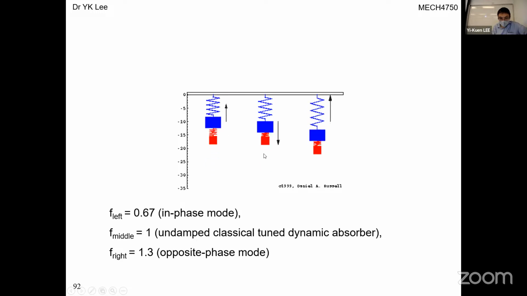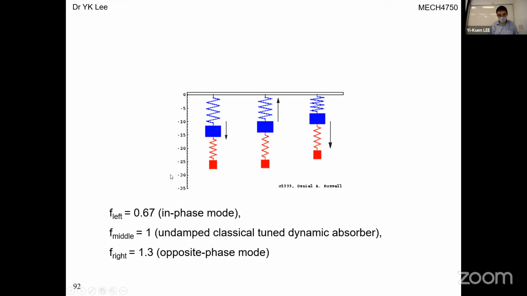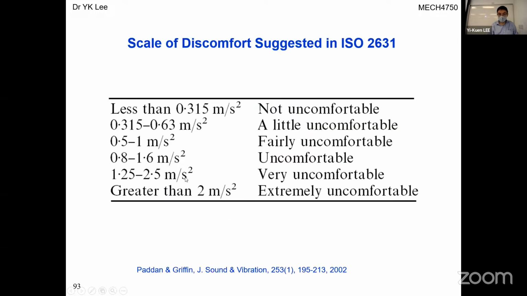If you change that design a little bit, you can see that you still have some vibration in the original mass. Okay, so this gives you some idea.